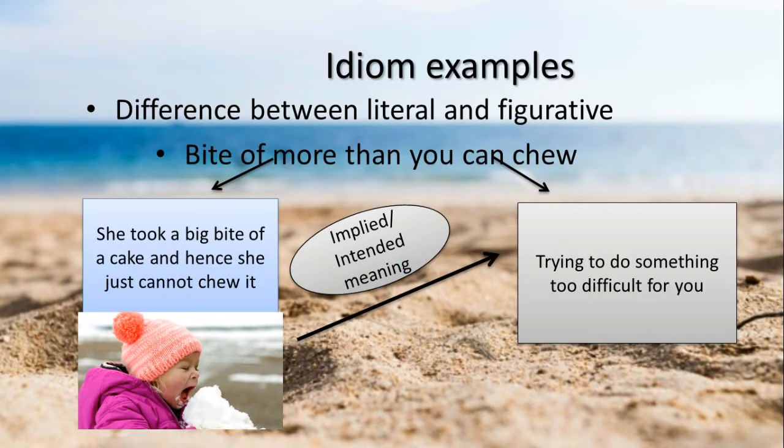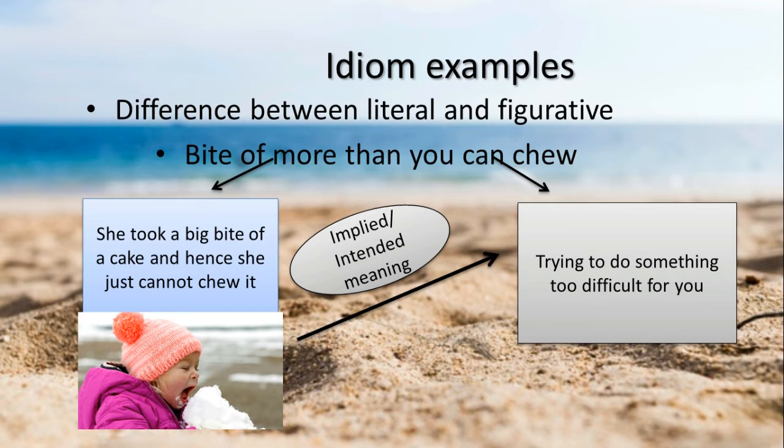The third and last example to better understand the difference between literal and figurative. Let's take the idiom bite off more than you can chew. Right. Now, when you say bite off more than you can chew to somebody, you're telling him that he's trying to do something far more difficult for him.